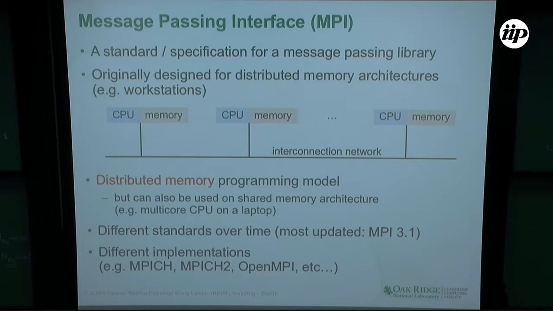So this is a set of rules or a set of standards for how message passing should be done, if, for example, some library developers would like to write programs to implement message passing. So this is a specification, and that is why over time there are different implementations out there right now in the market.